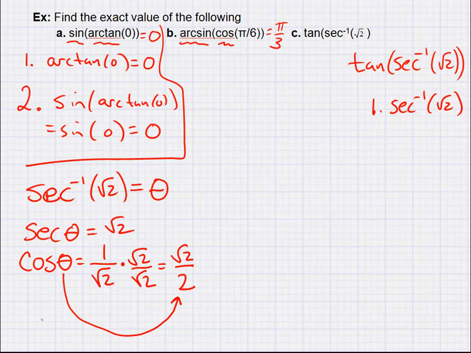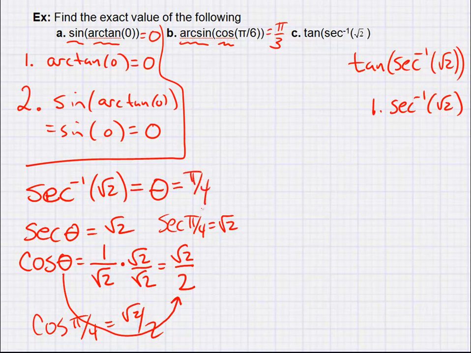So if the cosine of pi fourths equals square root of 2 over 2, then the secant of pi fourths should be the reciprocal, which is just square root of 2. And therefore this is pi fourths. So the first question, what's the inverse secant of square root of 2? The answer is pi fourths.